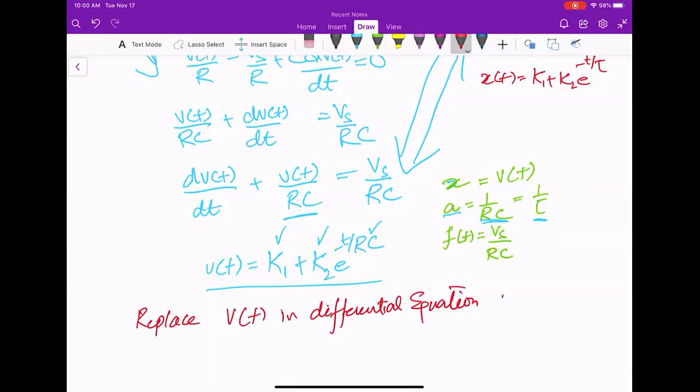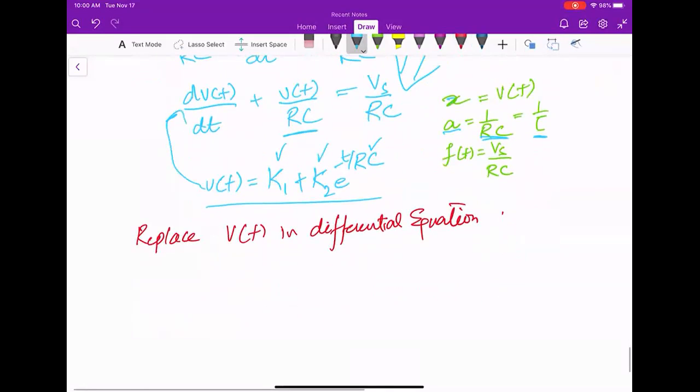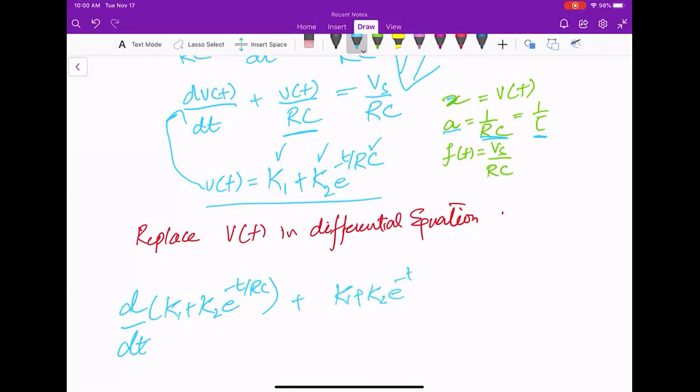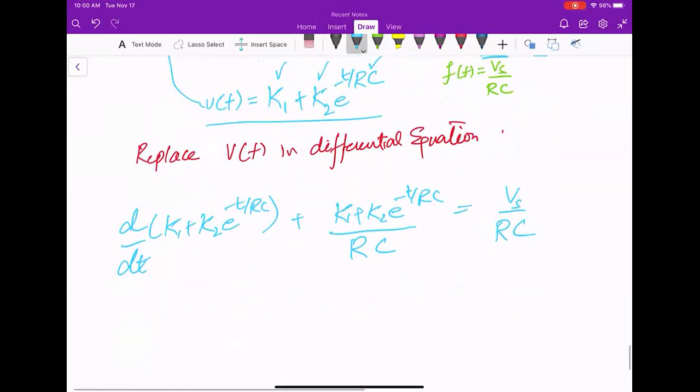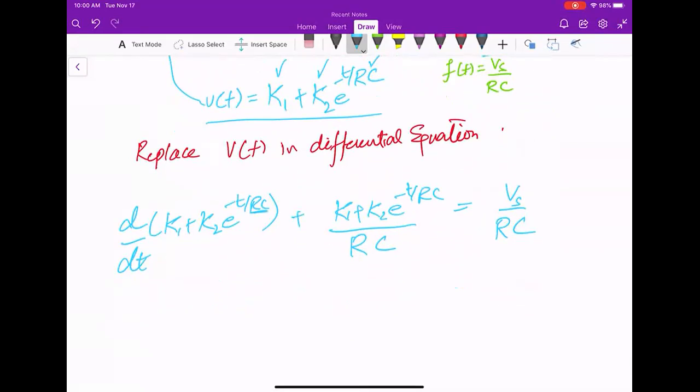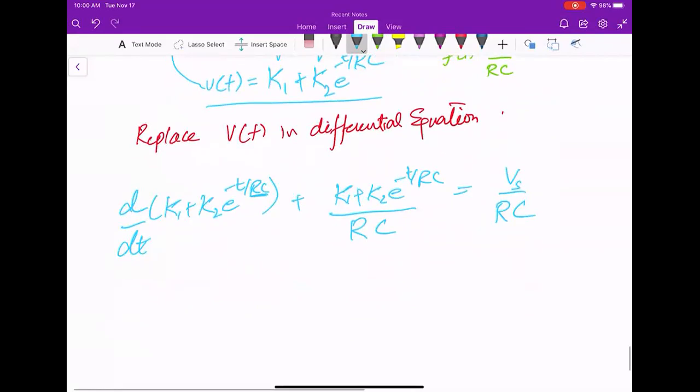Okay, so when I replace it here, it will become d by dt of K1 plus K2 e to the minus t by RC, plus K1 plus K2 e to the minus t by RC, is equal to Vs by RC. If I replace RC by tau, it's the same thing, so I am just writing it as it is. The derivative of K1 will be 0.